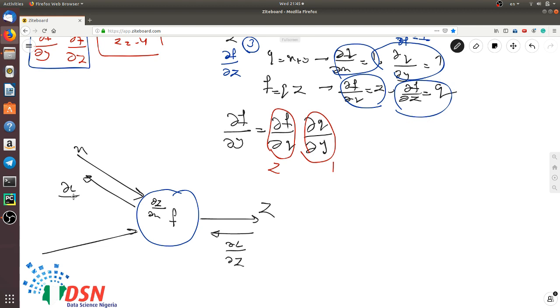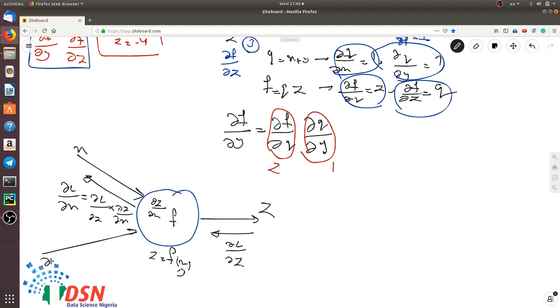So the derivative of the loss function with respect to x is equal to this guy in here times this derivative, and actually it is related to this activation function.